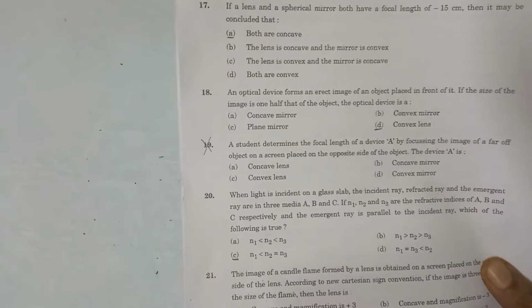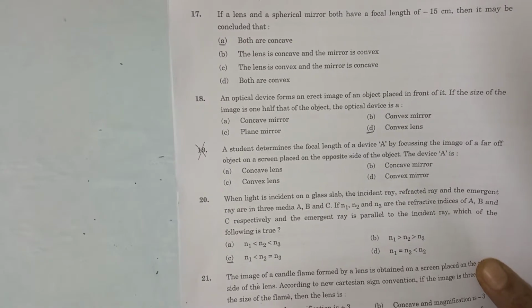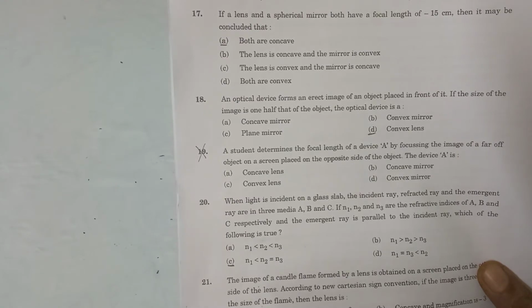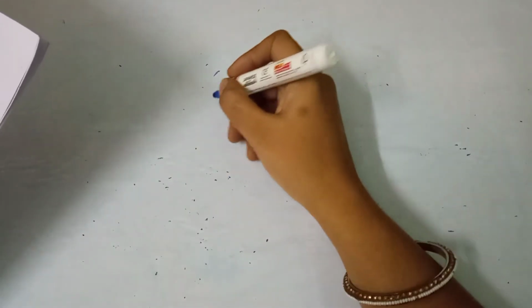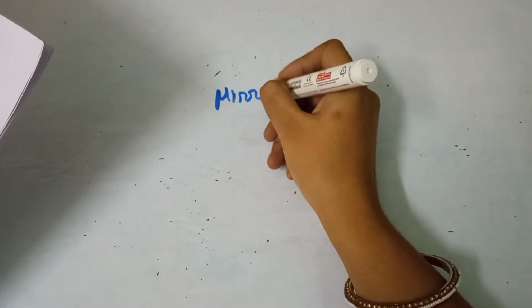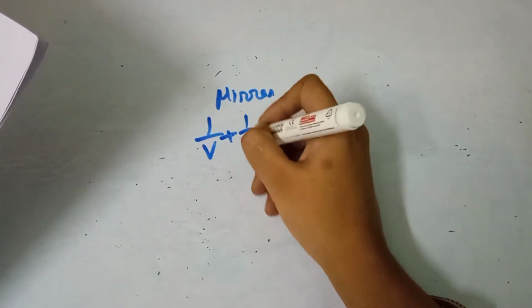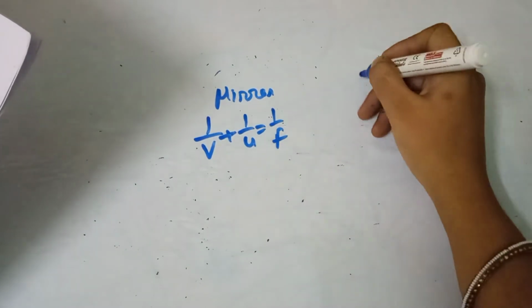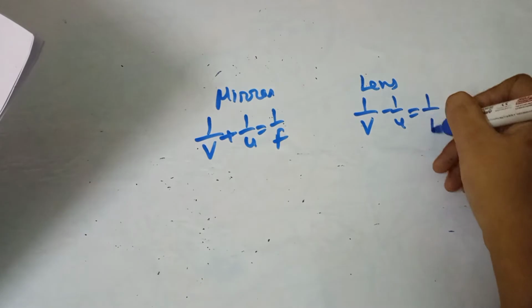In the 18th question, an optical device forms an erect image of an object placed in front of it. If the size of the image is 1/2 that of the object, the optical device is. We know the mirror formula: 1/v plus 1/u is equal to 1/f. And the lens formula is 1/v minus 1/u is equal to 1/f.